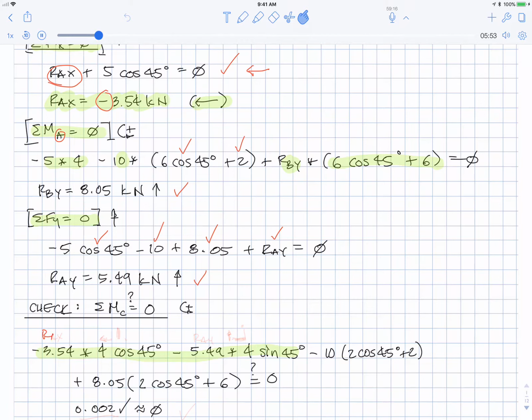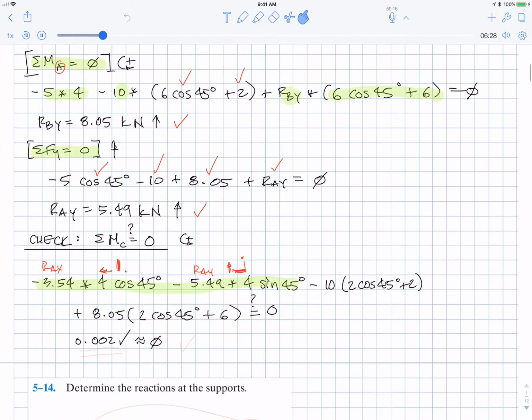This was RAx, this was RAy, and this was the perpendicular distance from the reaction. Okay, so again, this reaction is going that way, and that distance there is 4 cosine 45 degrees. This reaction is going that way, and this distance is 4 sine 45 degrees.